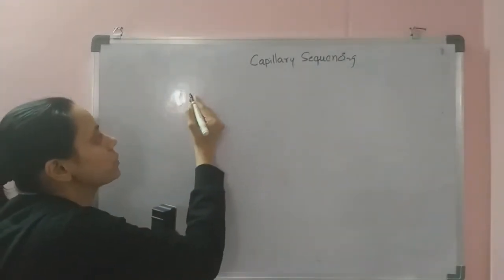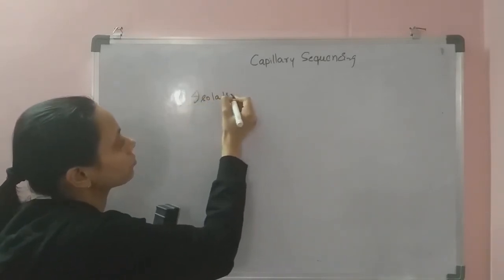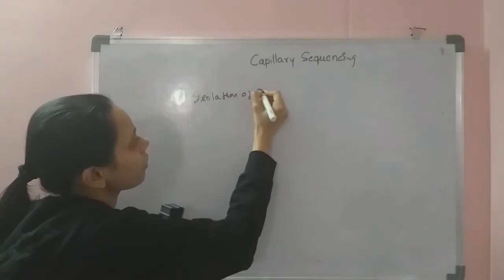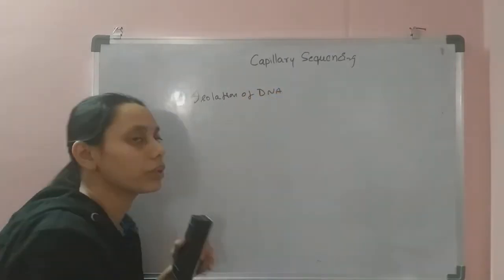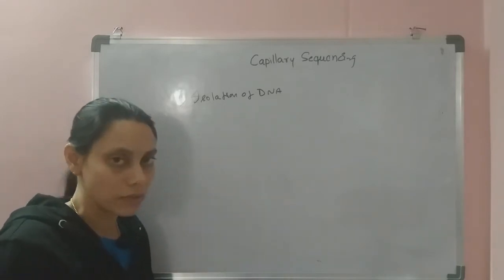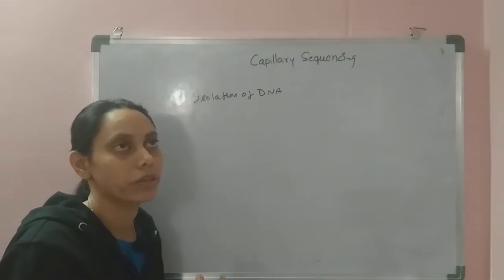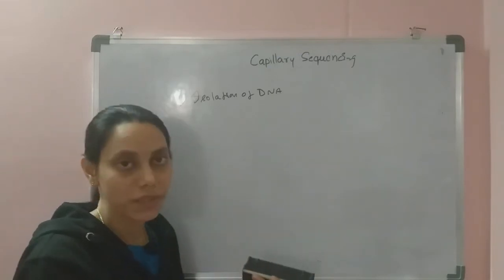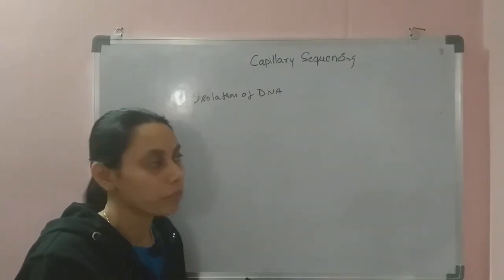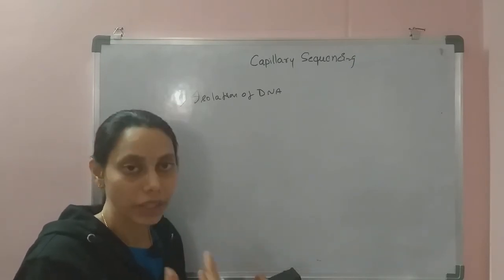First, we will start with the isolation of the DNA. For doing any DNA sequencing experiment, first we need to isolate the DNA from the experimental organism. Maybe we need to isolate it from a PCR product, maybe from the clone of a genomic library.